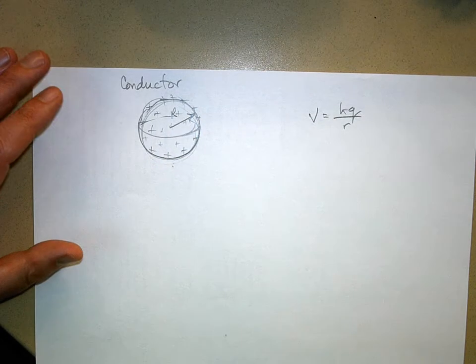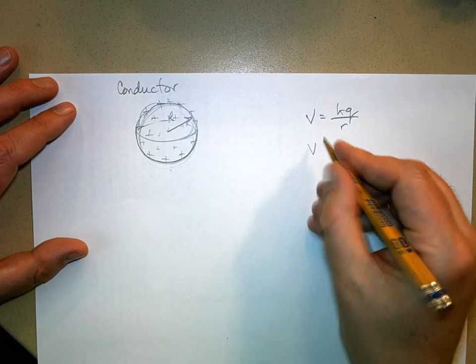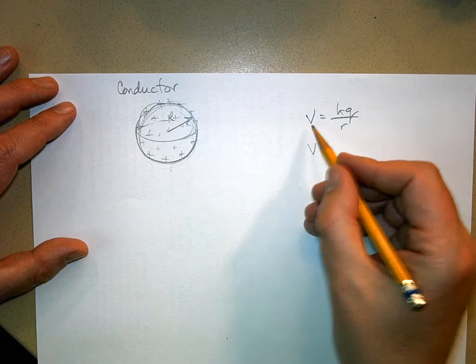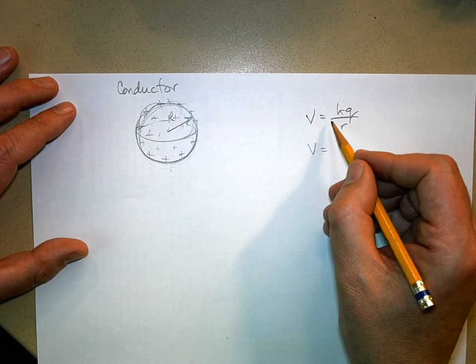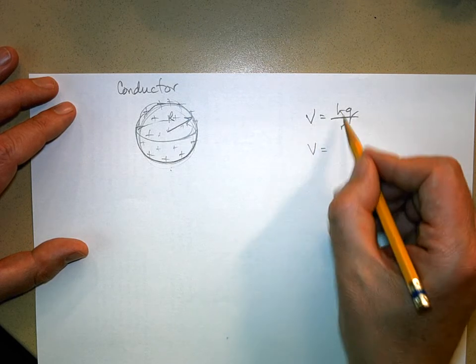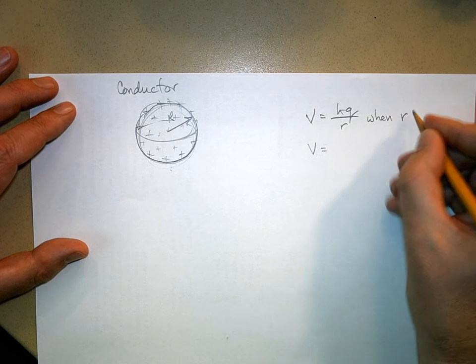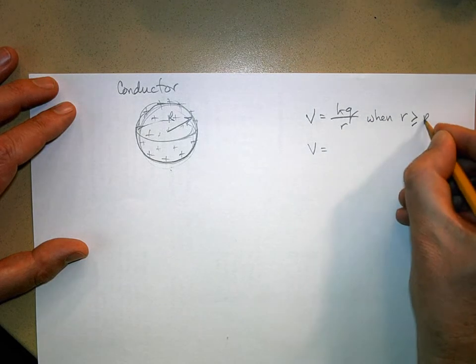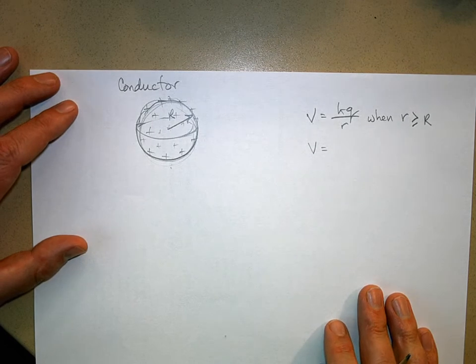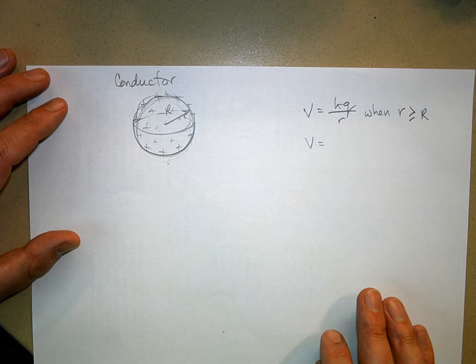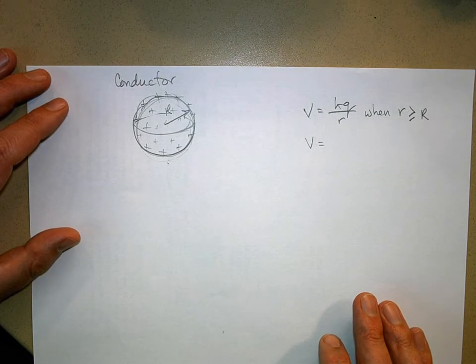So what is the voltage? This is the voltage, V equals KQ over r, when r is greater than or equal to the radius. Okay? Does that make sense? All right?